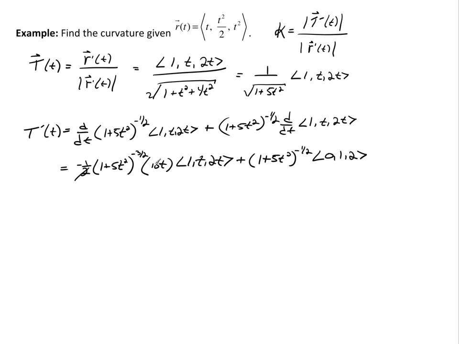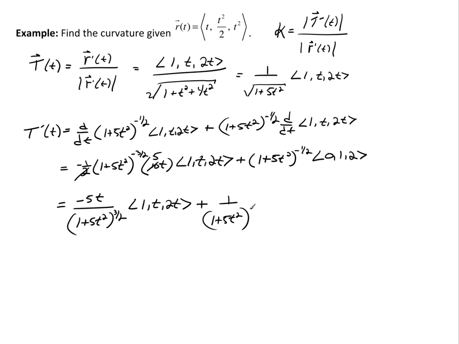Now my 2's cancel, and my 10 gives me a 5. So what do I have here? I'm going to have negative 5t over (1 plus 5t squared) to the 3/2 times this vector 1, t, 2t, plus 1 over (1 plus 5t squared) to the 1/2 times this vector 0, 1, 2.